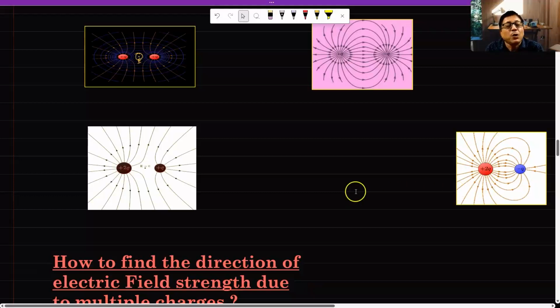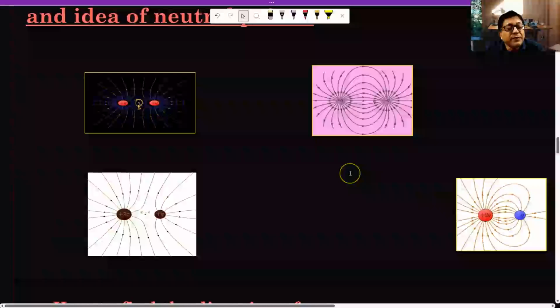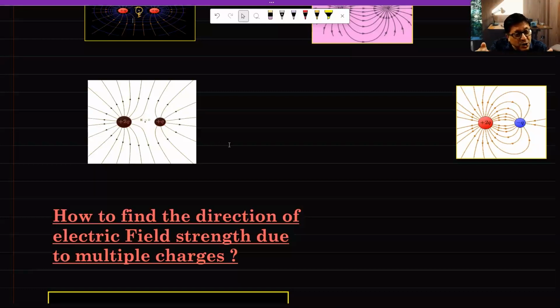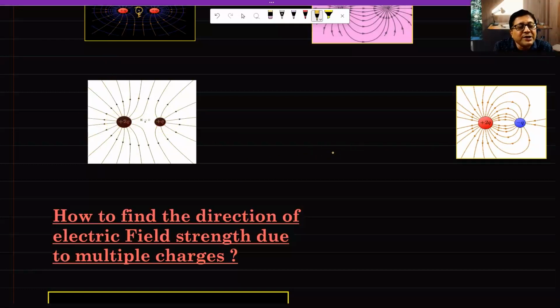Now, what I told you here, very important point, that strength of electric field is proportional to magnitude of charge and number of lines of forces or field lines also proportional to magnitude of charge. There is a scope to learn here that 1 plus 2q, 1 plus q charge is there. How to compare these two charges? Why this charge will be double of it? Very easy to understand. Here you count number of lines of forces.